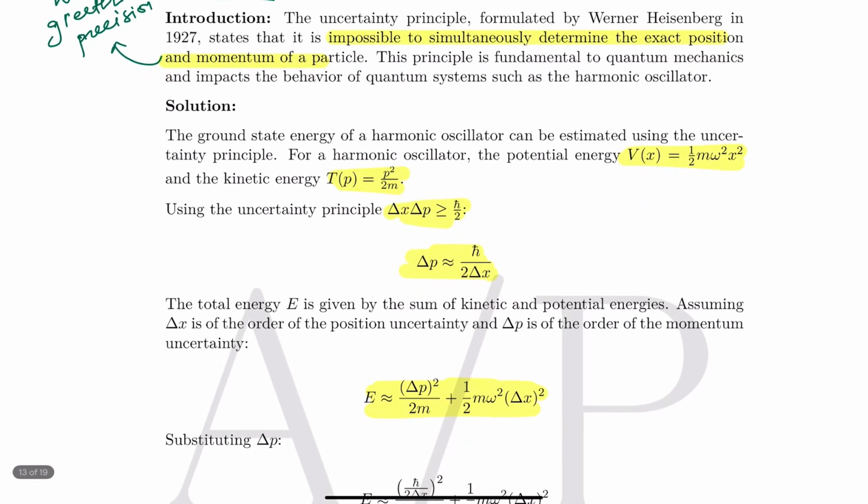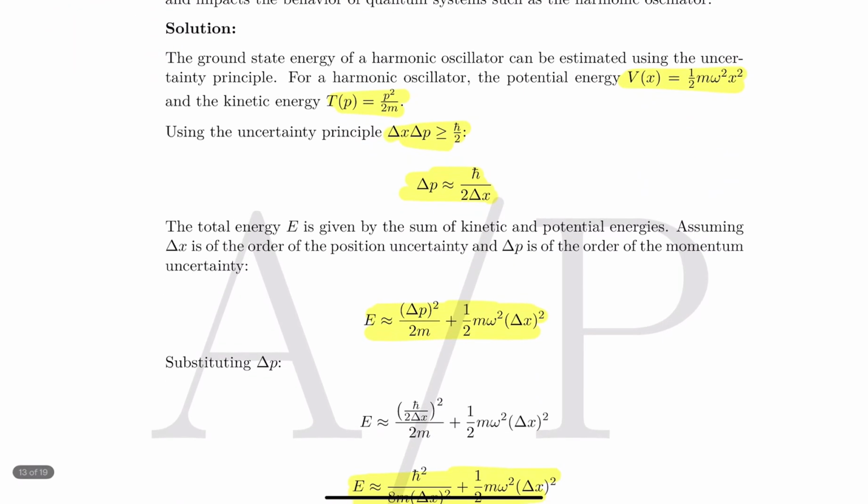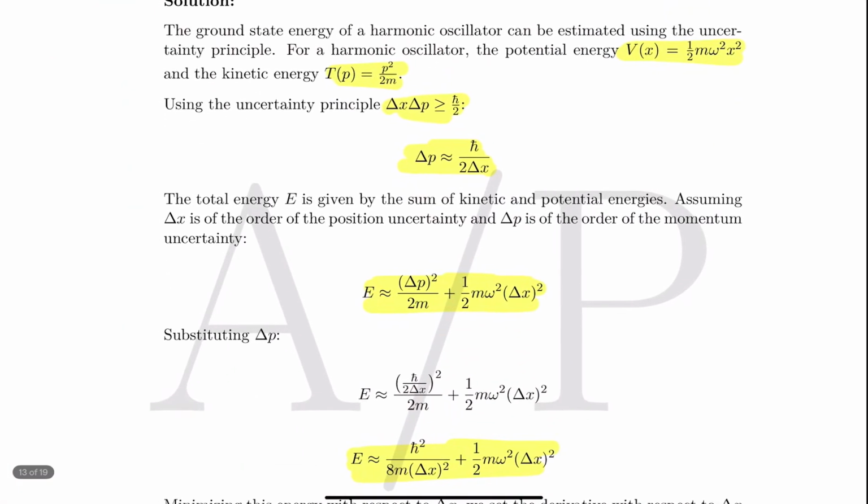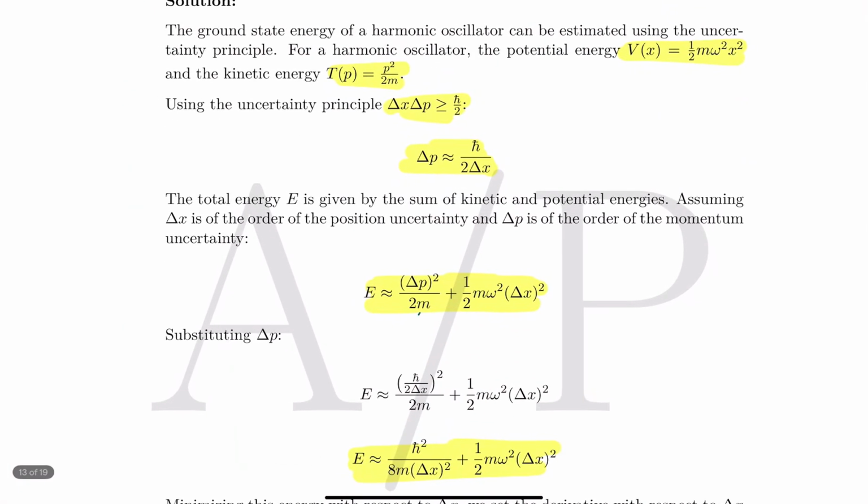So what we will do, this is the mathematical statement of Heisenberg's uncertainty principle, and this is how we have written the energy. So energy is nothing but a sum of kinetic energy plus potential energy. The first term on the right hand side is kinetic energy, the second term is potential energy.